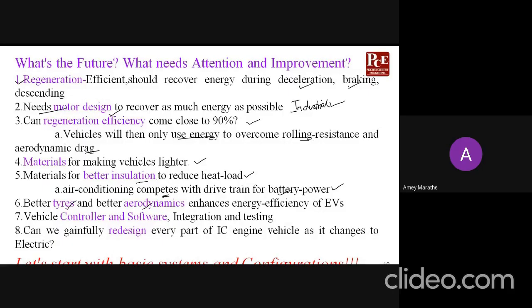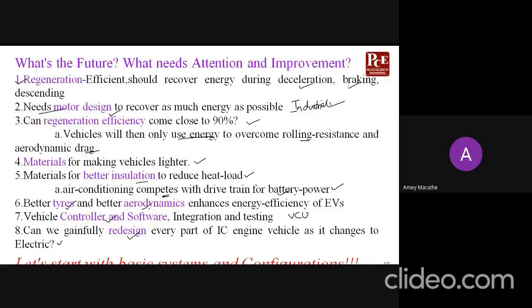So we will require a controller and software specifically for EVs. So we are talking about VCU design. And then basically, at the end, if you see this, can we redesign every part of an IC engine vehicle as it changes to electric?